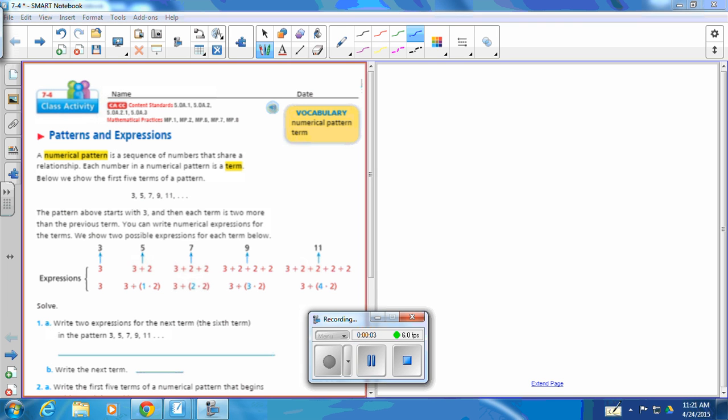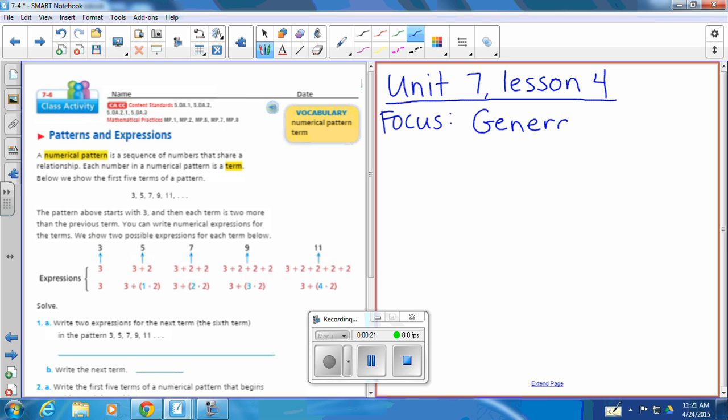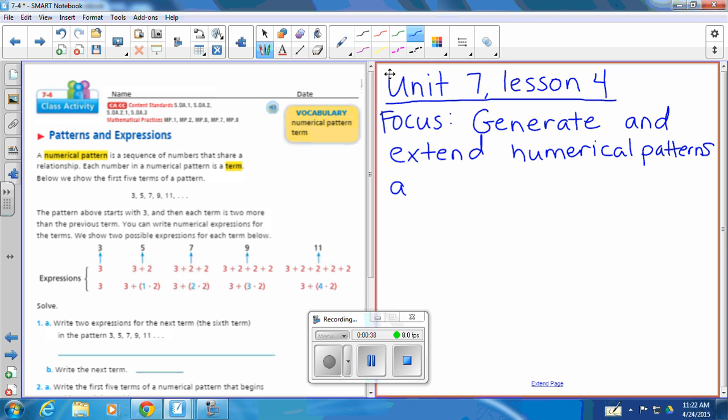Okay, mathematicians, we are now on Unit 7, Lesson 4. Our focus for today, we have quite a bit to focus on, but in general, we're going to generate, which means create, and extend numerical patterns, so number patterns, and we're going to identify relationships of corresponding terms.